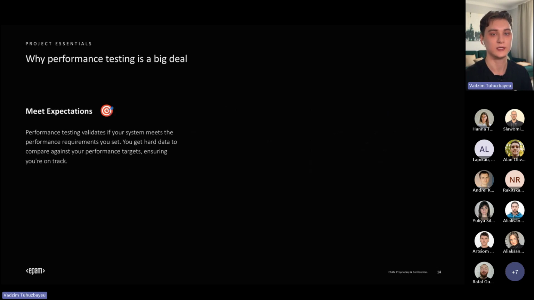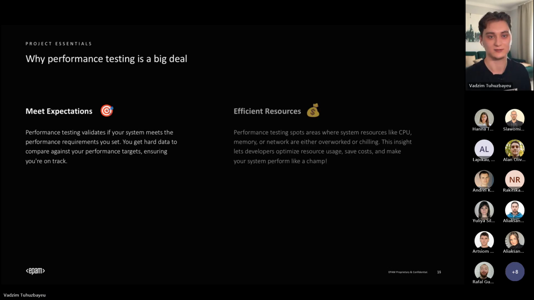Reason number 4 is to meet expectations. You set the performance bar, and performance testing checks if your system can jump over it. It's like making sure your favorite team meets its winning goals. You get solid data to see if your system is on track to meet your performance targets and keep everyone happy, right? Right.